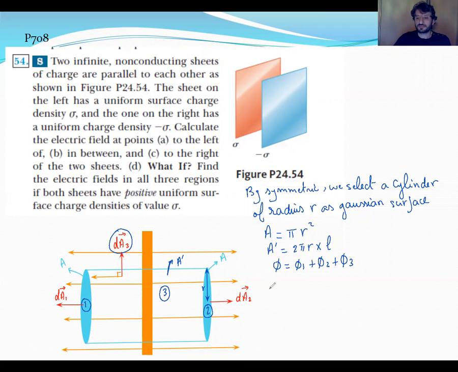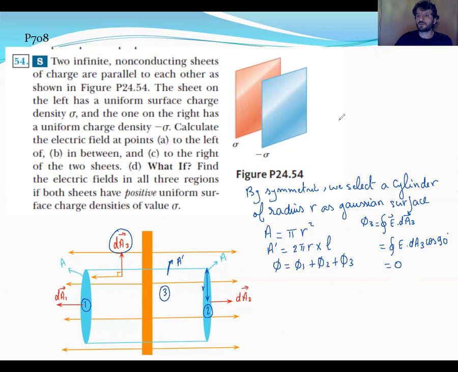Flux 3 equals the integral of E dot dA3, which equals the integral of E dA3 times cosine of 90. So we don't have flux in this direction.